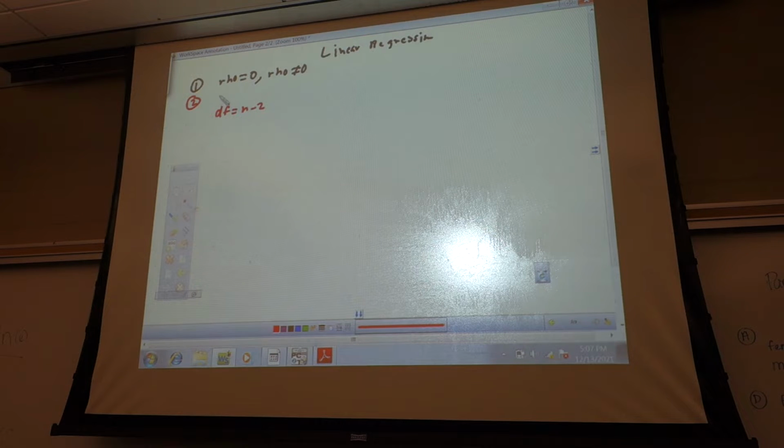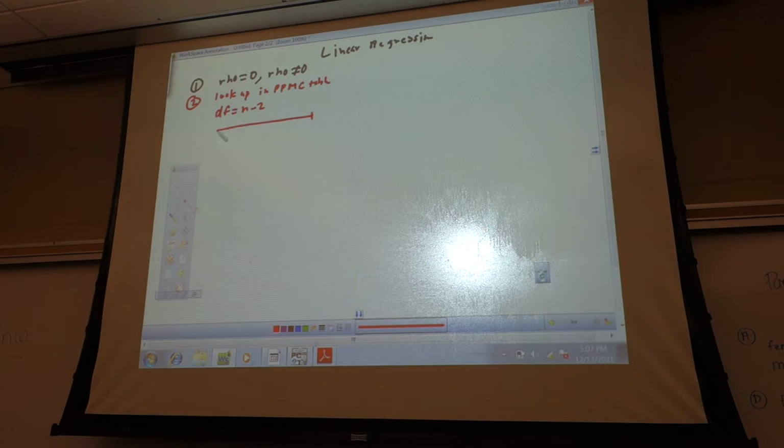And then the critical value is going to be from the Pearson curve. Yeah, PPMC. That's what the cool kids are calling it these days. And then also, what does it look like? It's not a hill. What's it look like? Straight, like linear.